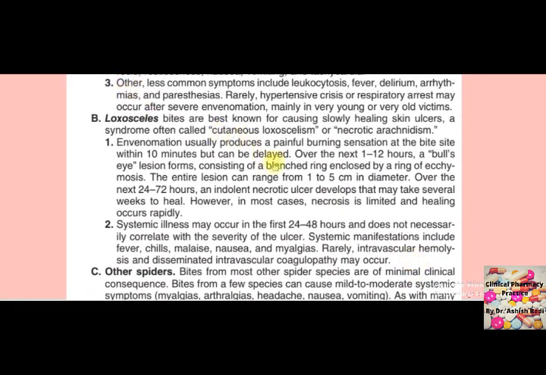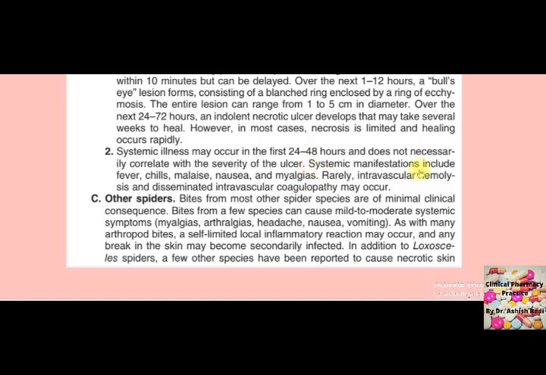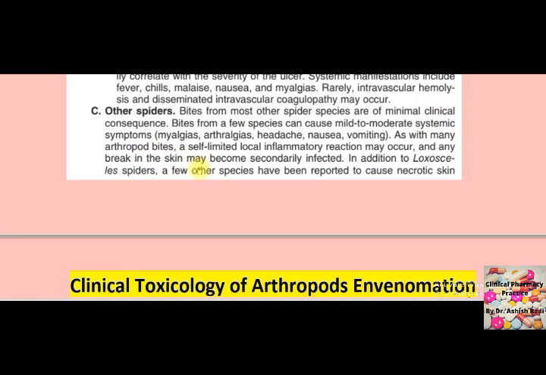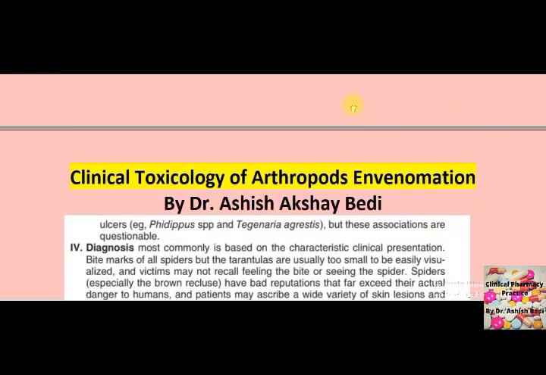For Loxosceles, you have to memorize and include the systemic manifestations like fever, chills, malaise, nausea, and myalgias. Other spiders: bites from most other spider species have minimal clinical consequences. They just have mild to moderate systemic symptoms like myalgia, arthralgia, headache, nausea, vomiting, and that too can be treated with symptomatic treatment only.